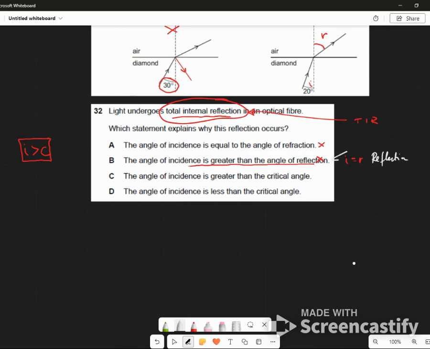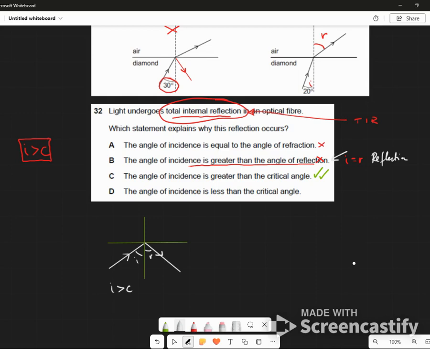All right, the angle of incidence is greater than the critical angle. Yes, that's right, isn't it? Okay, because if you remember, there's my normal. Okay, and this is my light beam going in. If I is greater than the critical angle, we'll get total internal reflection.